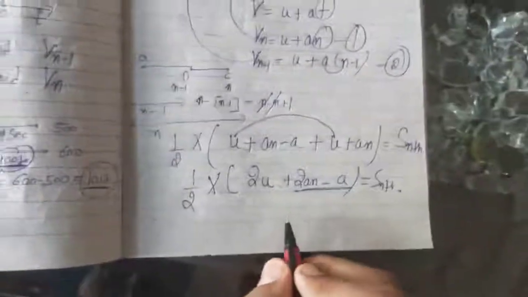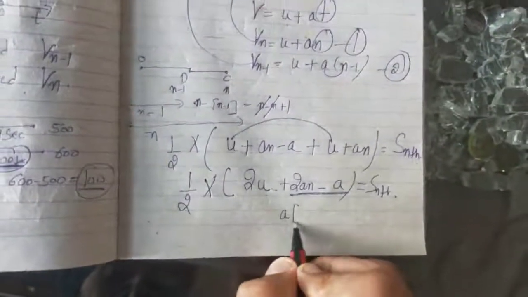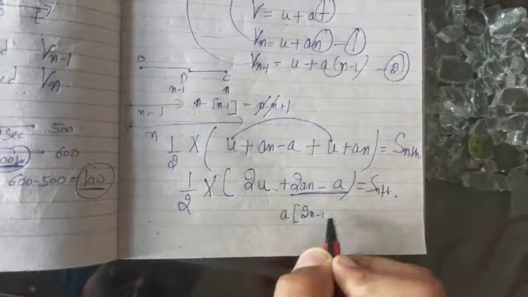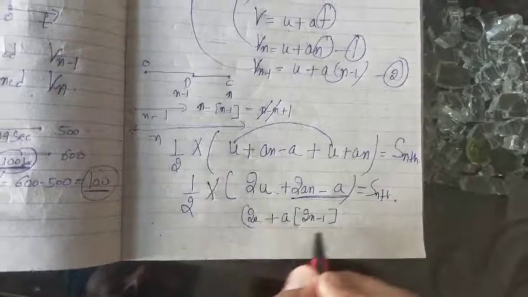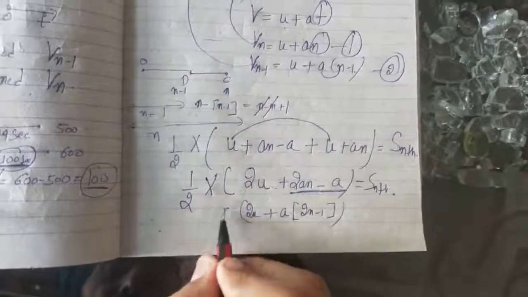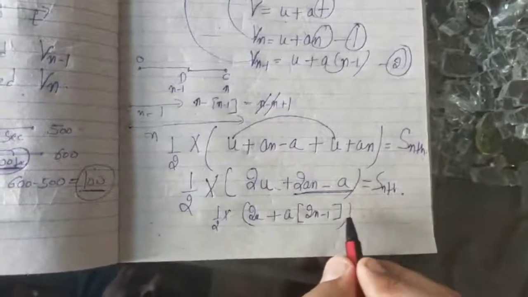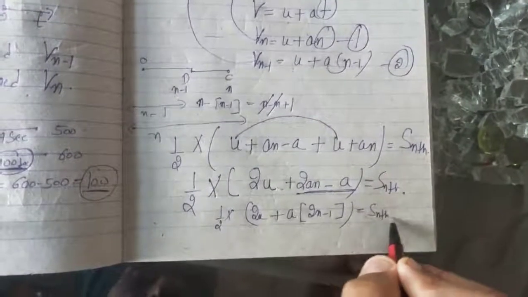So make a common. What remains in the bracket? 2n minus 1, plus 2u, into half. It will give Snth.